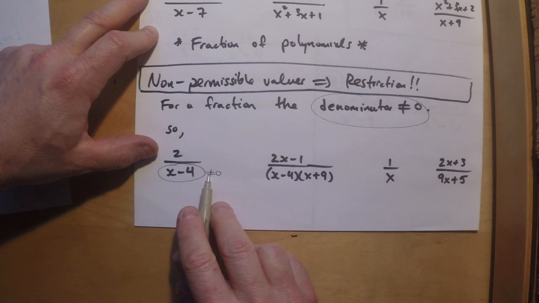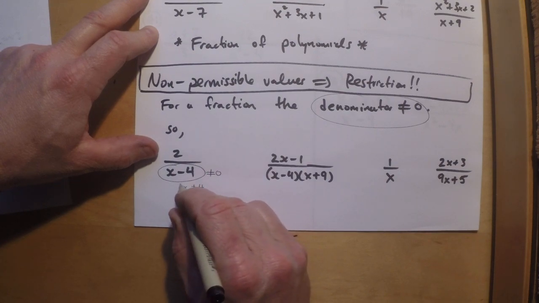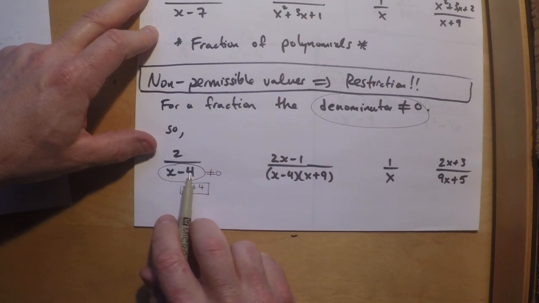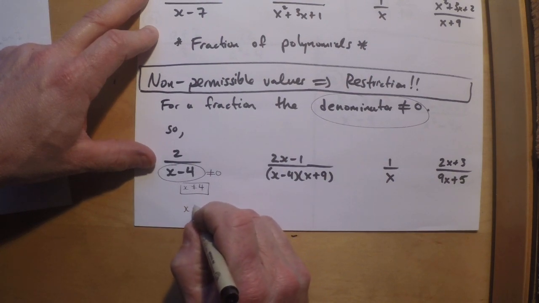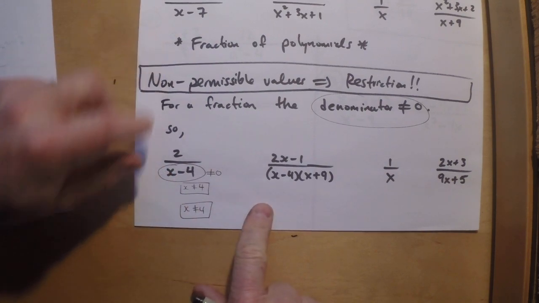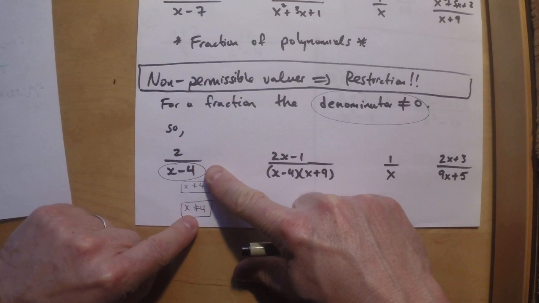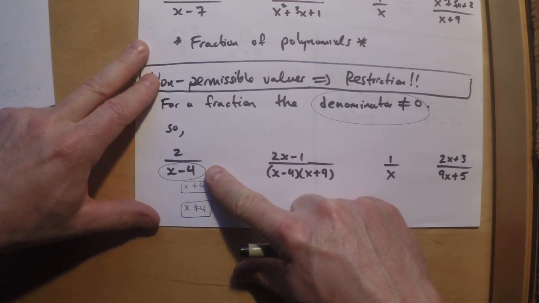I can move the 4 to the other side. A bad value for x would be 4, because 4 minus 4 would make this a 0, which would be bad. So there is my non-permissible value. X cannot equal 4. For this rational expression, x can be anything except that.